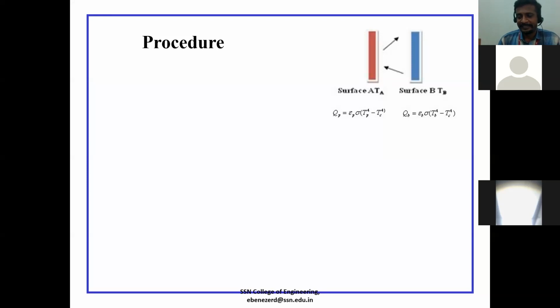But in that experimental setup, both the bodies are there in the same thing, no, sir? Yeah, but both of them are exchanging heat with what? They are exchanging heat with the surrounding atmosphere only, right? Yes, sir.